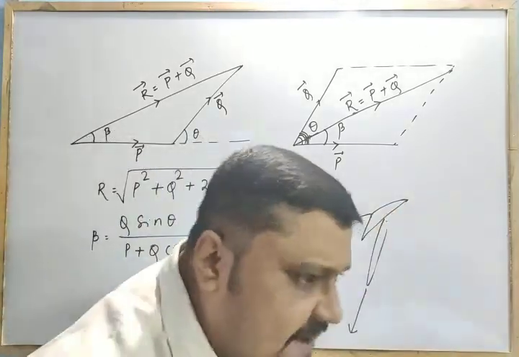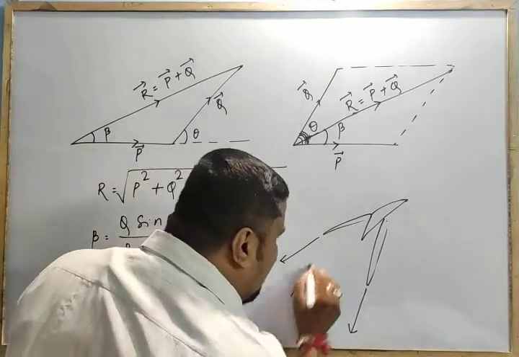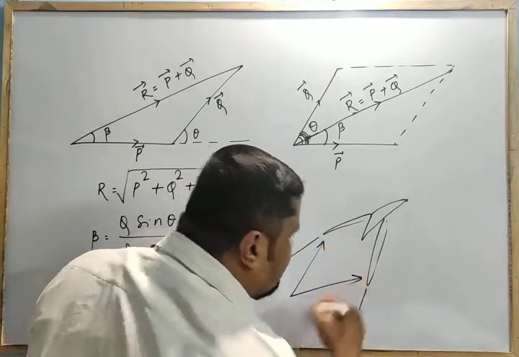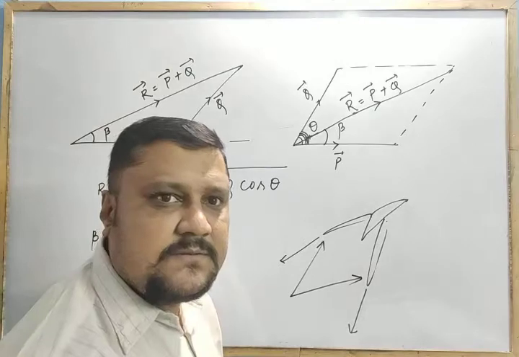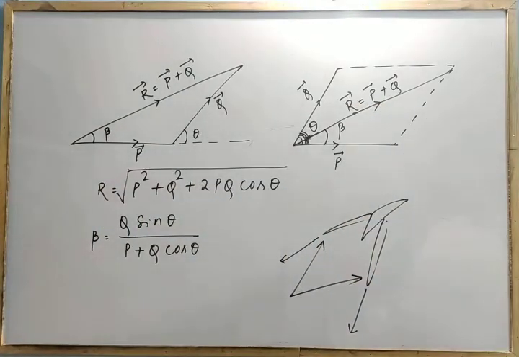The wings push the air. So what will the air do? The opposite direction. The air will push the wings in the opposite direction like this. So when the wings push, the air pushes the wings in the opposite direction.